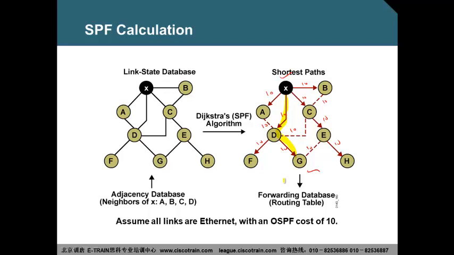Instead, if you take the other path, it is 10 plus 10, 20, plus 30, it will be too long. So this is how the Dijkstra's algorithm, the SPF algorithm, calculates.